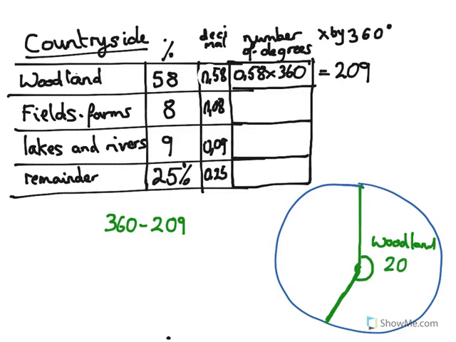So what we've got is, we've got woodland taking 209 degrees. Then we have fields, farmers' fields, and we have to take our 0.08. So we take our 8%, which is the same as the decimal 0.08, multiplied by 360. This will give us the number of degrees that we need for fields, farmers' fields, as only being 8 degrees. Let's have that in red.